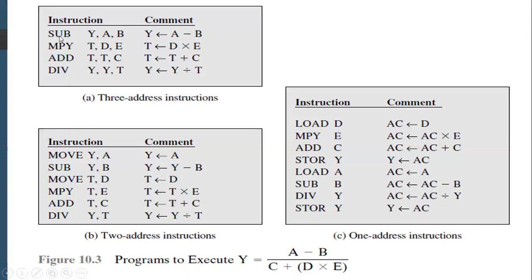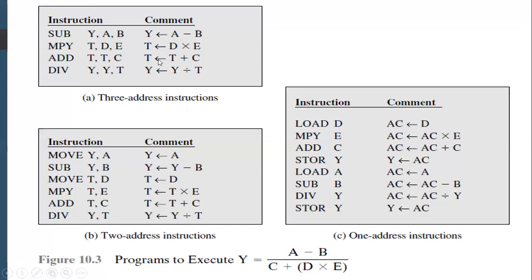The instruction subtract y a b means subtract b from a and store the result into y. In this case, multiply t d e means multiply d and e and store the result into t. Add t t c means add contents of t and c and store that into t.